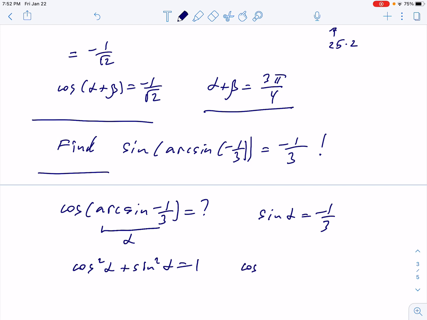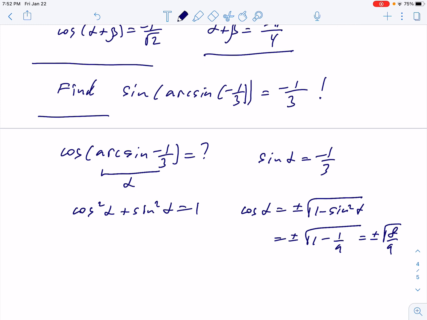So cosine alpha will be plus minus root of 1 minus sine squared alpha, plus minus root of 1 minus 1/9. So this is plus minus root of 8/9. 8/9 we can simplify. Root of 8 is root of 4 times 2, so this is 2 root 2. And root of 9 is 3, of course. Plus or minus, that's important.